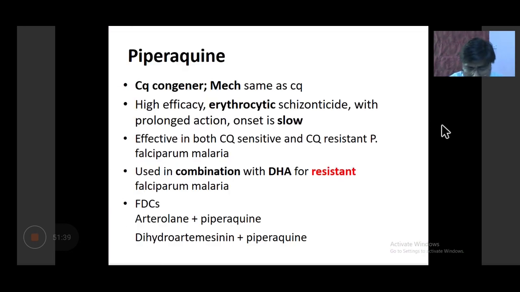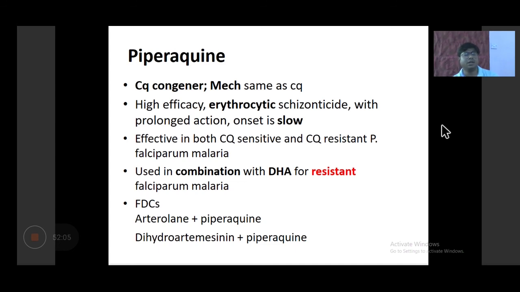Now comes piperaquine. It is again a chloroquine congener, so everything is the same. There is nothing much to read in the case of piperaquine, but it is also a high-efficacy erythrocytic schizonticide. The action is prolonged, but the onset of action is slow. It is again active in both chloroquine sensitive as well as resistant cases.